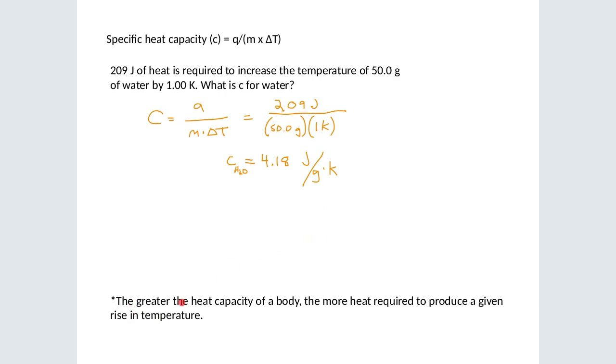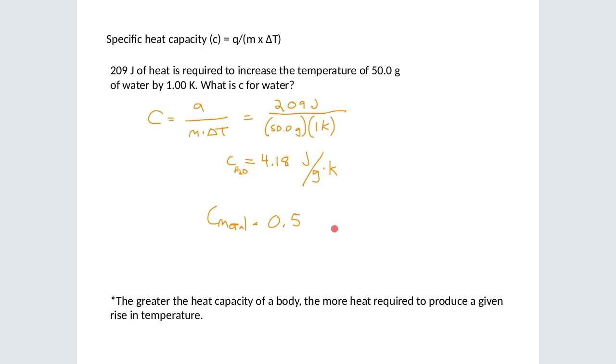So here's one thing you need to know. The greater the heat capacity of a body, the more heat is required to produce a given rise in temperature. So think of heat capacity like a thermal inertia. If something has a high value for heat capacity, something like water, which has a relatively high number, whereas many of your metals have heat capacities of something like 0.5, and it's going to vary.